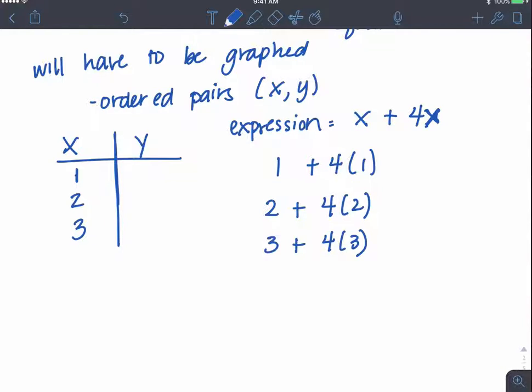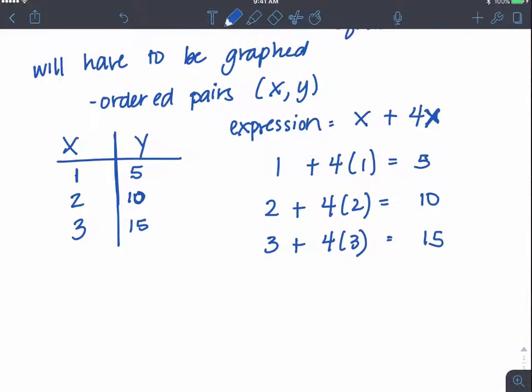Okay, so if I were to calculate these out, I would get 1 plus 4 times 1 is 5. 2 plus 4 times 2 is 10. And 3 plus 4 times 3 is 15. So then my output values, or my y values, would be 5, 10, and 15.